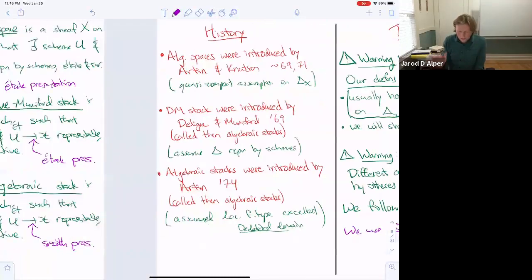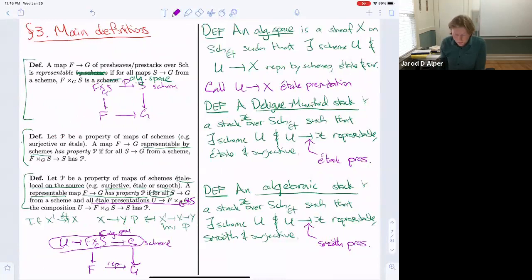All right, so maybe I'll go back to the definitions so you can stare at them some more. These are the three key definitions: algebraic spaces, Deligne-Mumford stacks, and algebraic stacks.